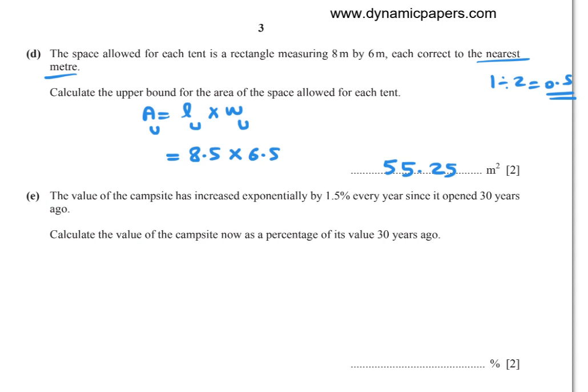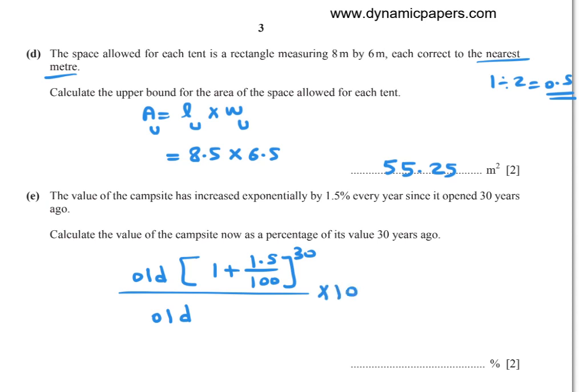The new value is the old value times 1 plus 1.5 over 100, to the power 30, over the old value, times 100. So we can cancel the old value. So it equals 156.3%.